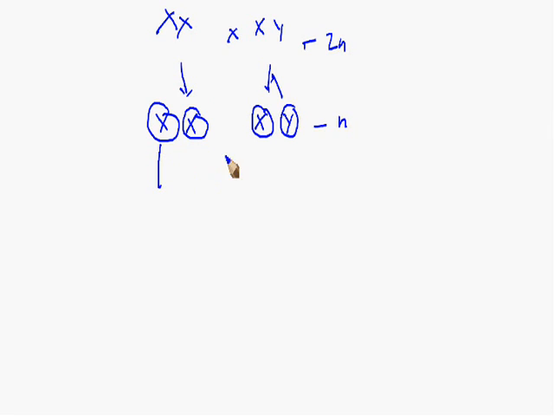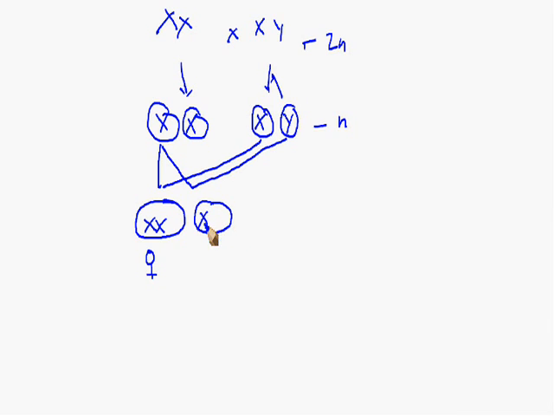If this X egg fuses with the X type of sperm, then the progeny will be XX, meaning female. Another chance is that this X may fuse with the Y, then this may give rise to a male child.